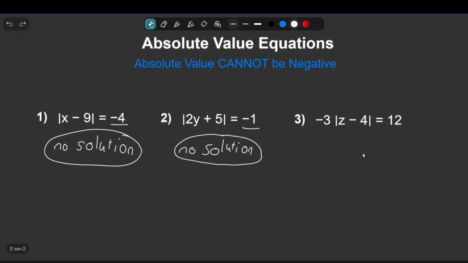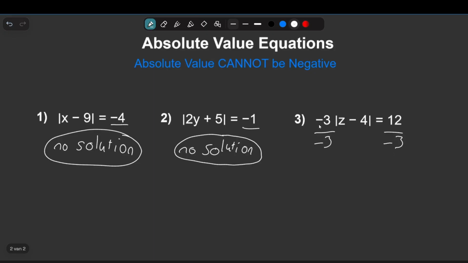The first thing we're going to do is isolate the absolute value by using the opposite operation. We are dealing with multiplication here, so we have to use division, because that is the inverse of multiplication. So we're going to divide by minus 3 on both sides.